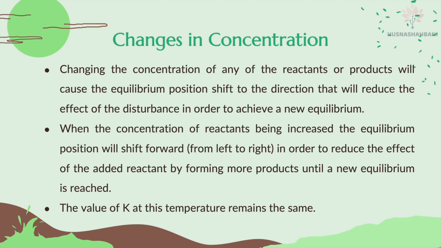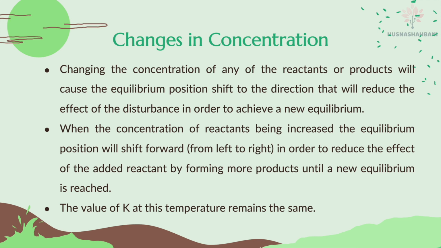Changes in concentration. Changing the concentration of any of the reactants or products will cause the equilibrium position to shift in the direction that will reduce the effect of the disturbance in order to achieve a new equilibrium.